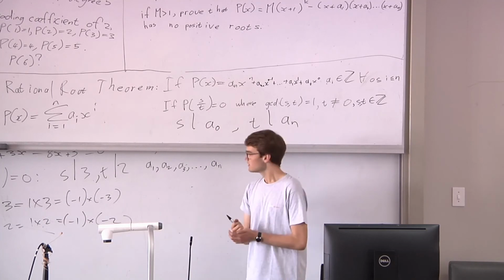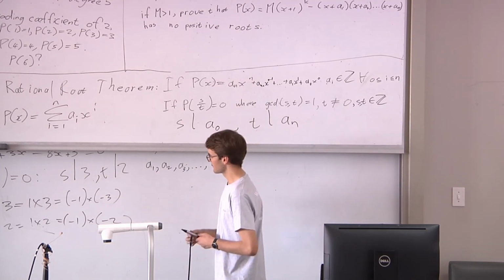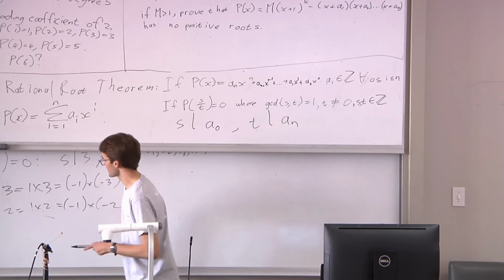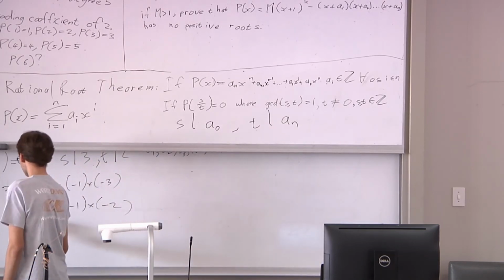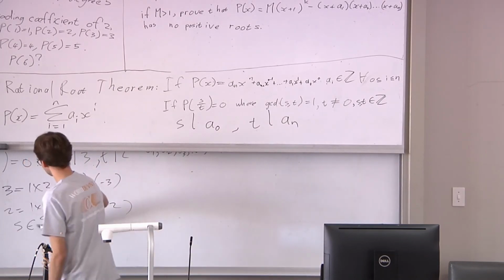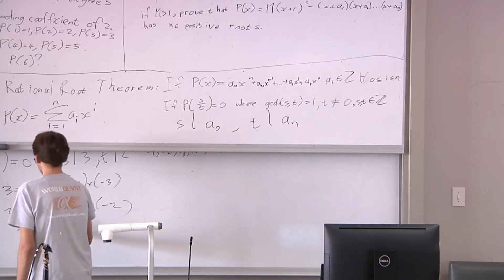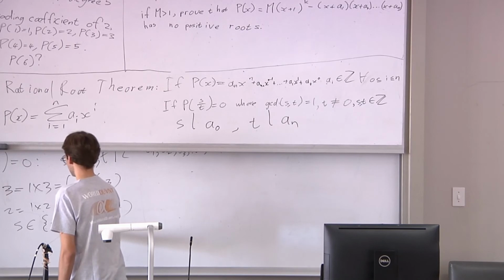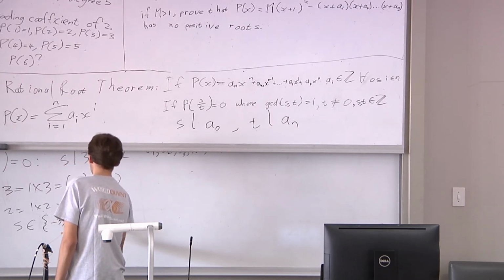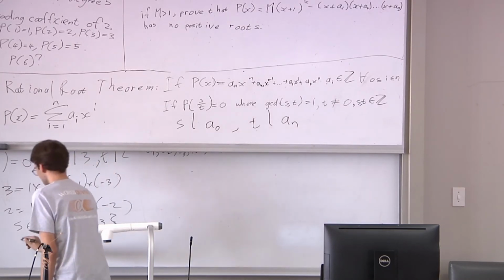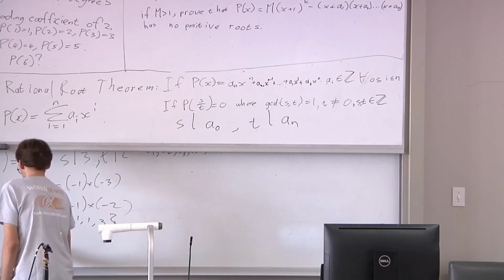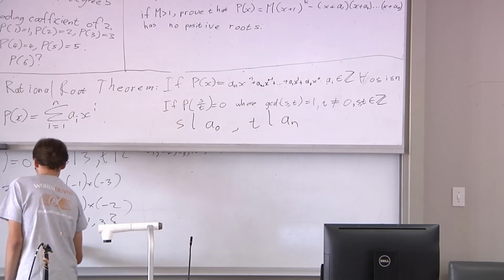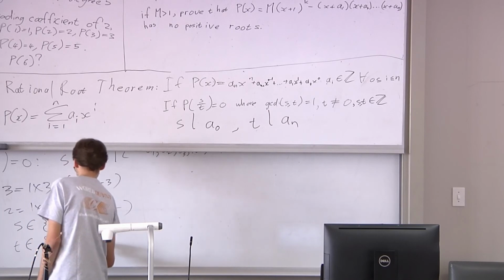Okay? So what this tells you is that S has to be an element of the set {-3, -1, 1, 3}. And T is an element of the set {-2, -1, 1, 2}.